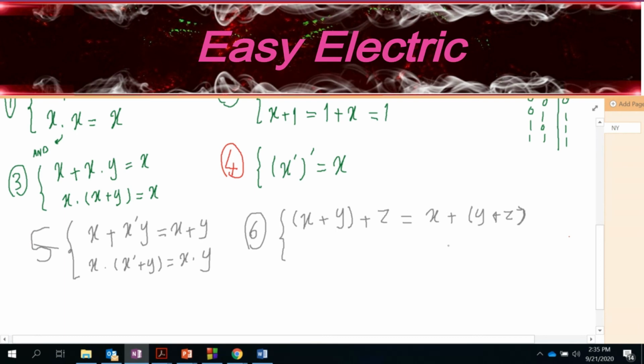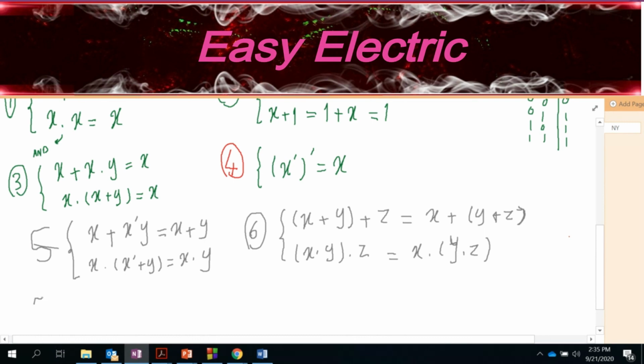This is similar, and it works here. You have the same thing for AND: (x and y) and z equals x and y and z. There is a proof for that in the book. If you are interested, you can take a look.